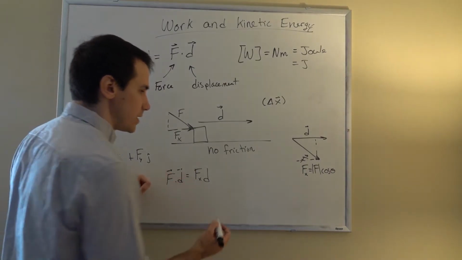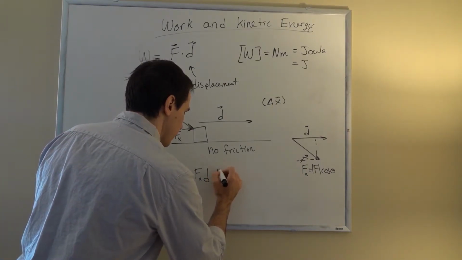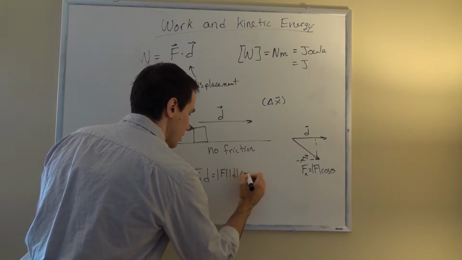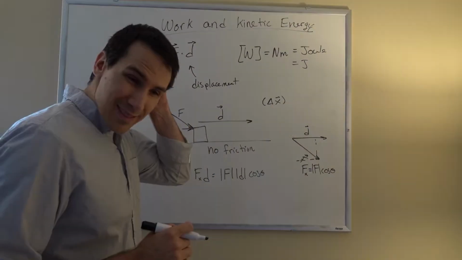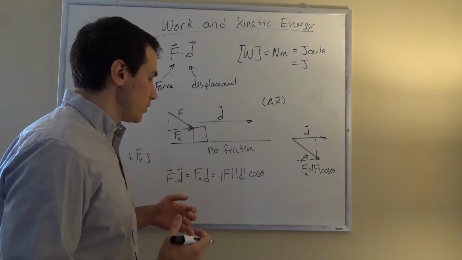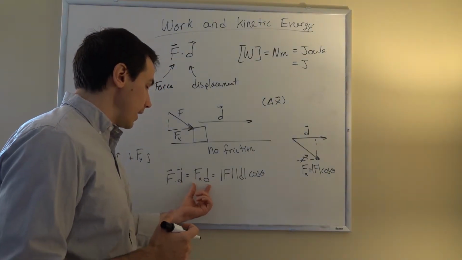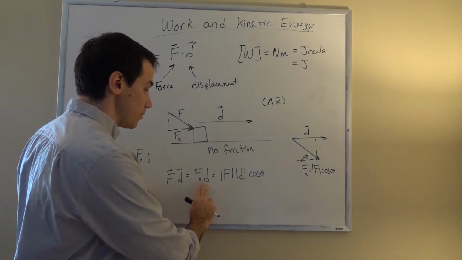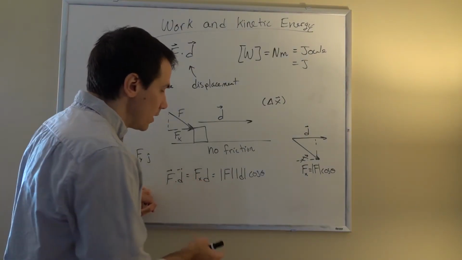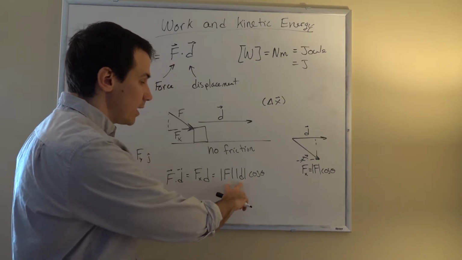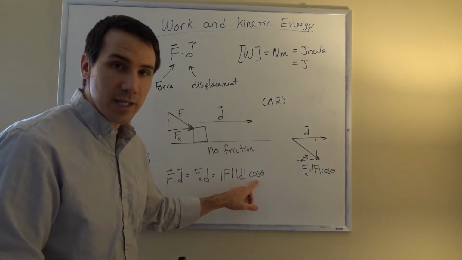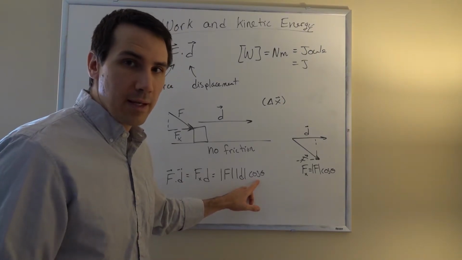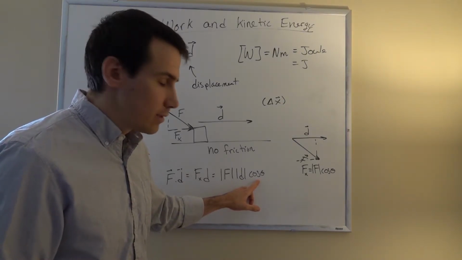So Fx times d really equals F d cosine theta. And just a quick note, the reason why I allow these components to be both positive or negative, and I have magnitudes here, is because in this case, the cosine of theta tells me if the two vectors point in the same direction or not, right?